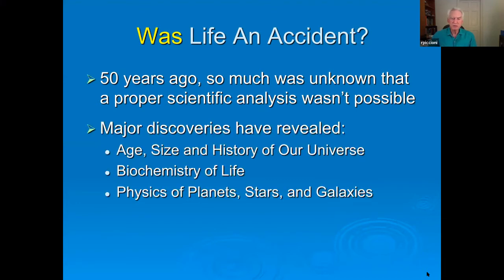But now, in the intervening 50 years, we have discovered a tremendous amount about the size of the universe, the age of the universe, the evolution of our universe. We've discovered much more about the biochemistry of life itself and the physics of planets, stars, and galaxies. So I believe the time has come that we can put numbers to this question and come up with some ideas.